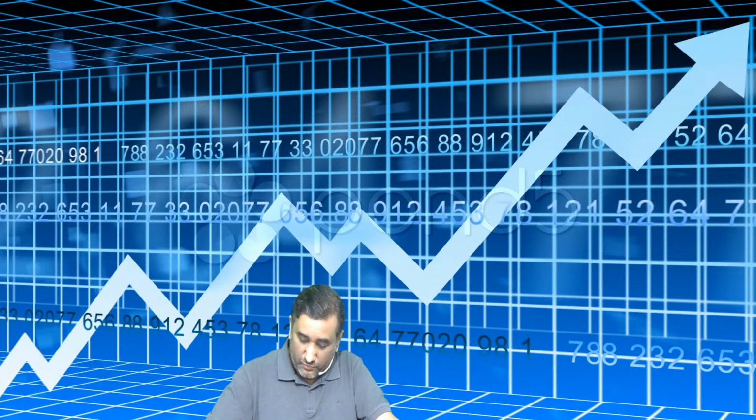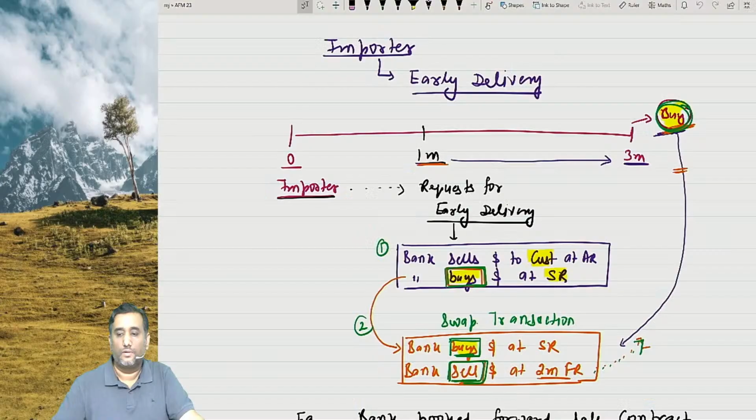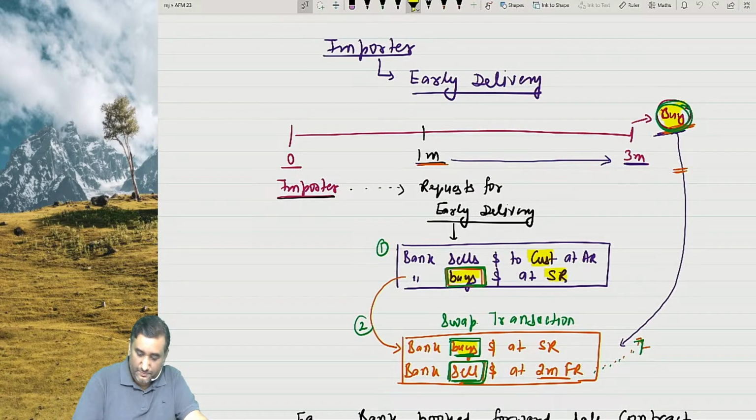Then in that scenario, think of a scenario of an importer.